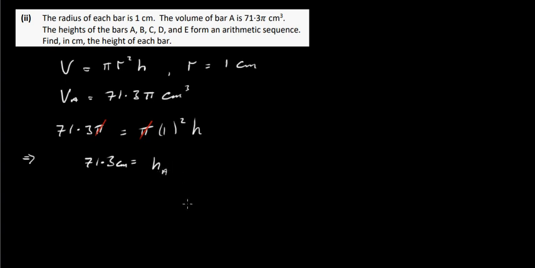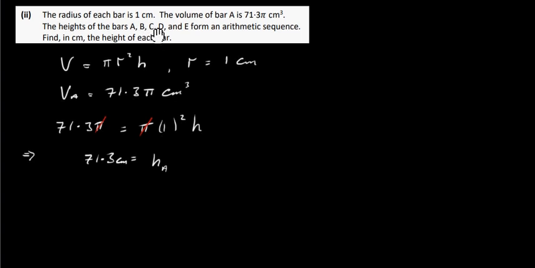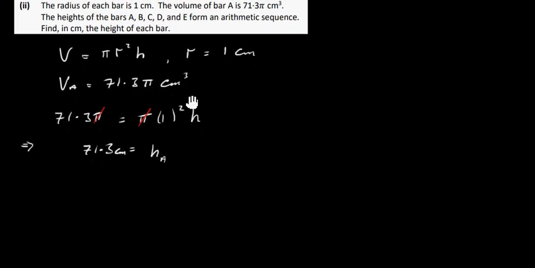Now, let's have a look. What have we got to do here? Find in centimeters the height of each bar. So we've got 5 bars to look at, A, B, C, D, and E, and they form an arithmetic sequence. Bar A here is 71.3 centimeters. We don't know the heights of the 2nd, 3rd and 4th bars.